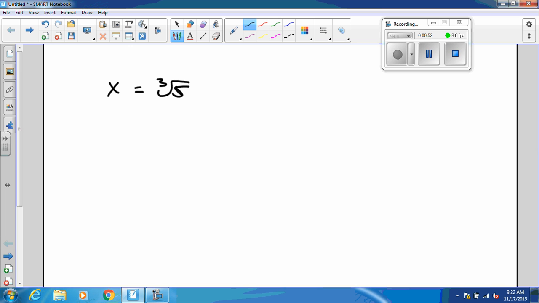The idea here is that I want a decimal approximation to the cube root of 5. The cube root of 5 is a good number and all, but if I want some decimal approximation for it, I need to come up with an equation equals 0 that I can use to solve for it. What equation suggests itself?